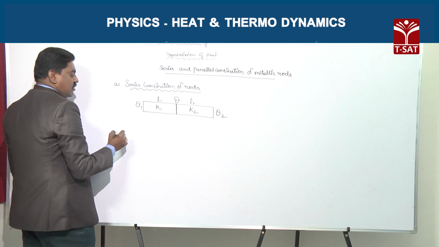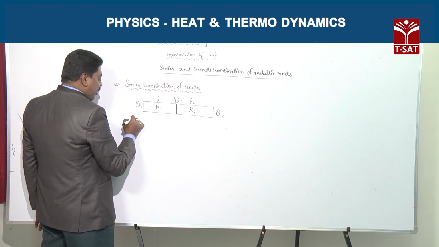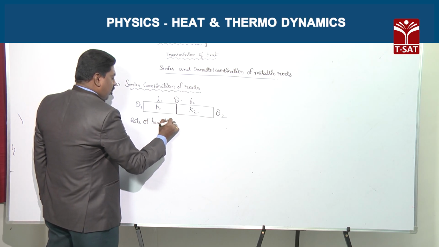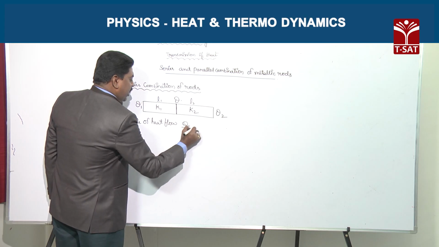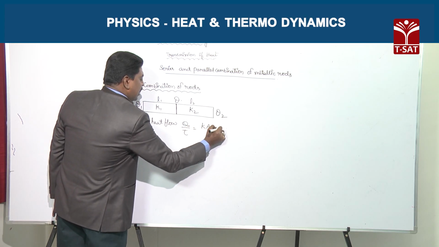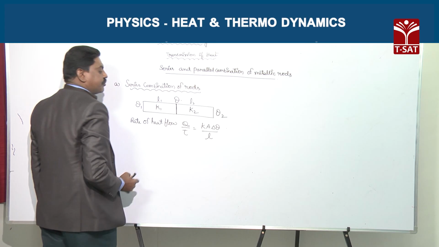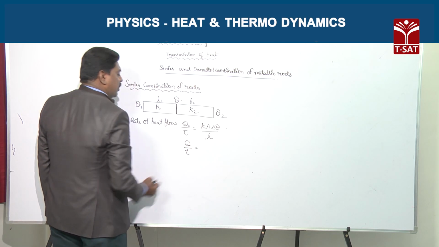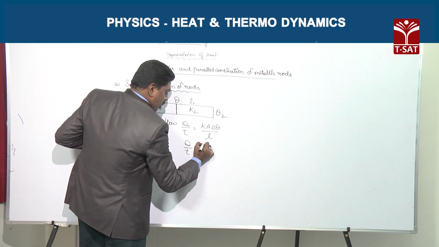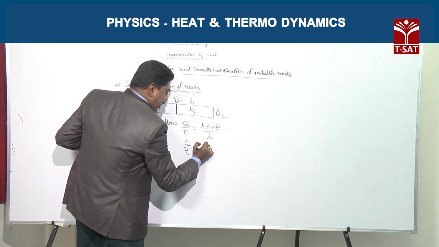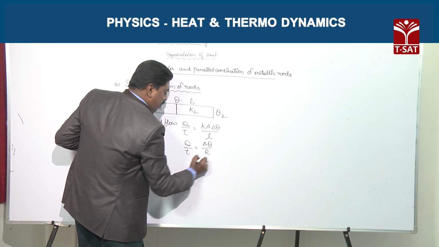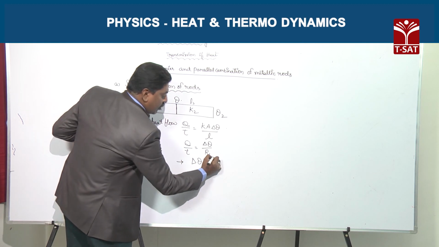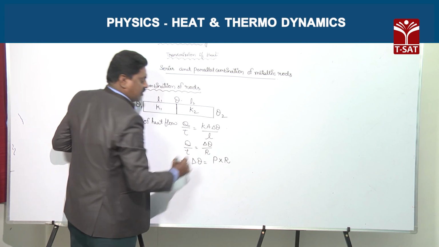Then we can write the rate of heat flow Q by t equals K A delta theta by L. Here L by KA can be taken as resistance, so Q by t equals delta theta by R. So delta theta is given as power into resistance.